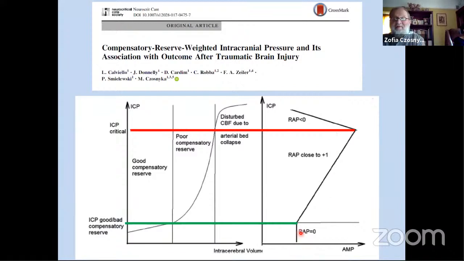We calculate a very useful parameter called RAP. This is the correlation coefficient between intracranial pressure and pulse amplitude. It is equal to 0 when we are below the lower limit, equal to +1 when amplitude is increasing with intracranial pressure, and becoming relatively low or even negative when we are above the critical intracranial pressure level.